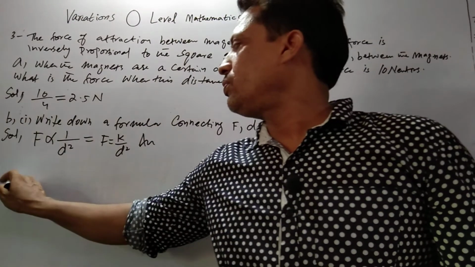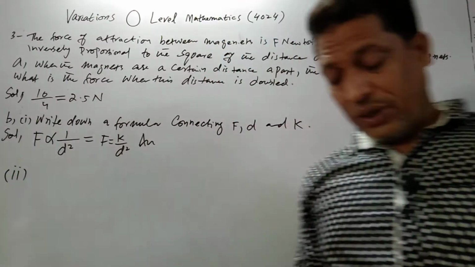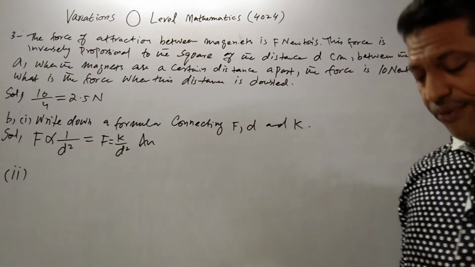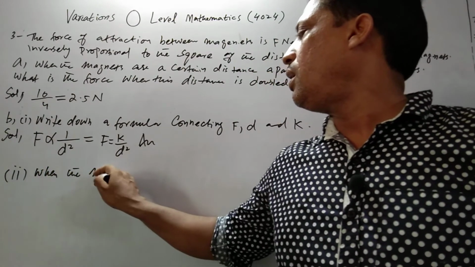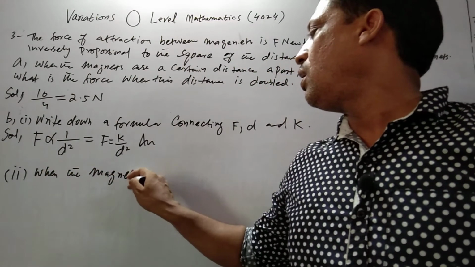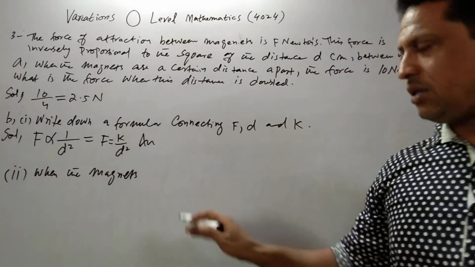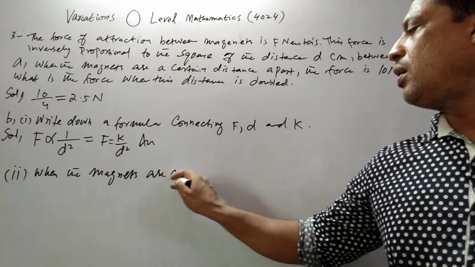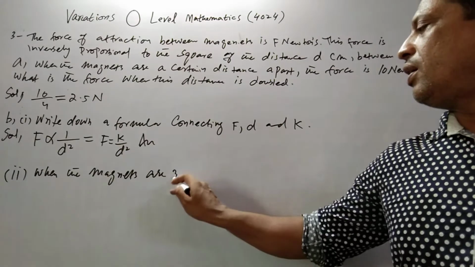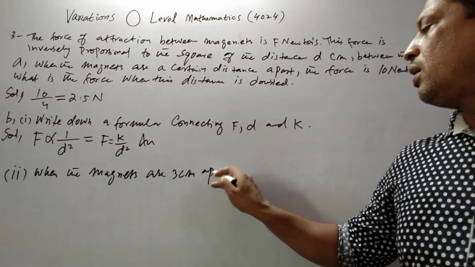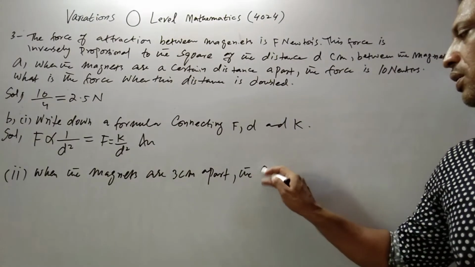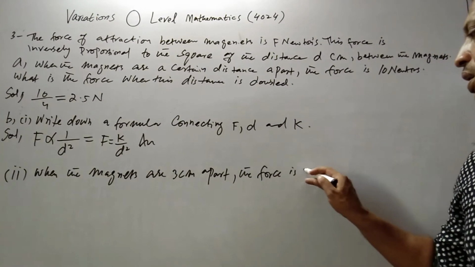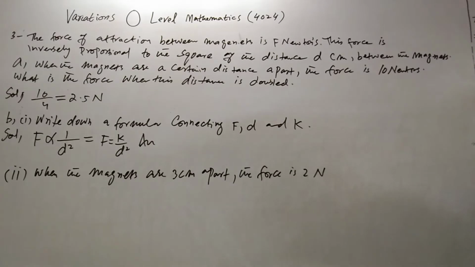Part 2. Part 2 is when the magnets are 3 centimeter apart, the force is 2 Newton.